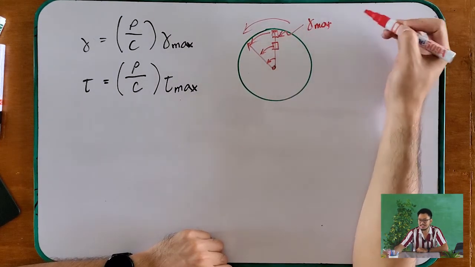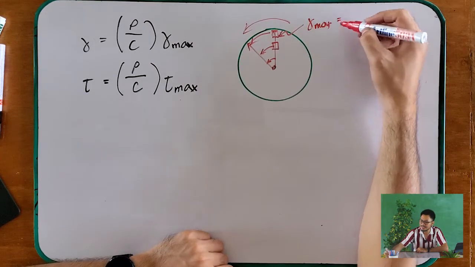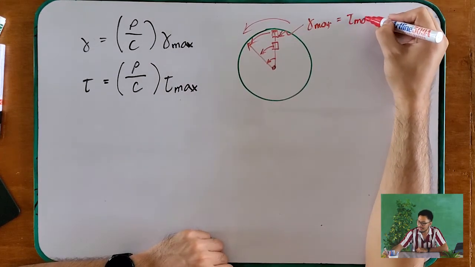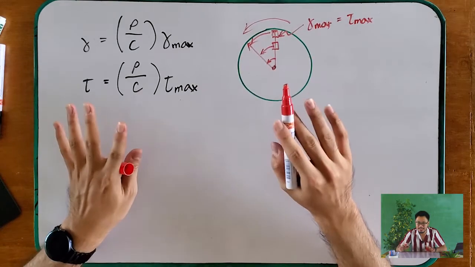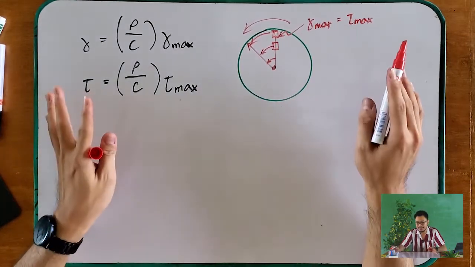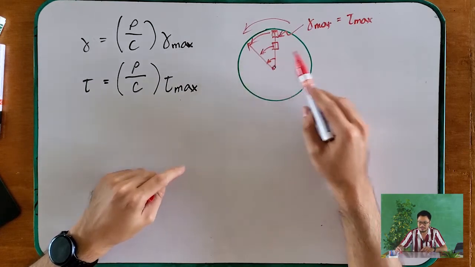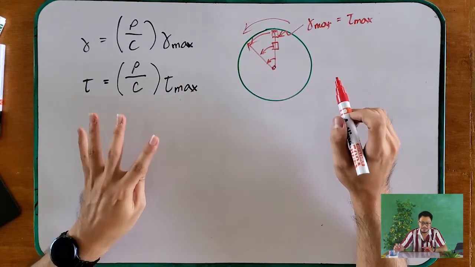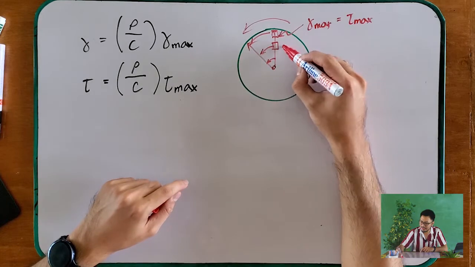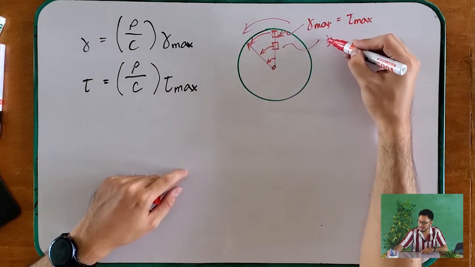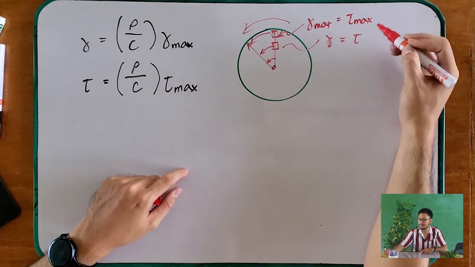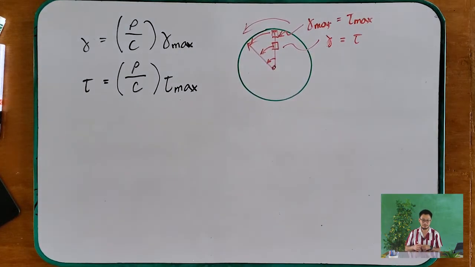And since this one is linearly elastic, then we can say that this is also your tau max. Where the strain is greatest, there the stress is greatest. So where the strain is zero, then of course there is no stress there. Okay? So this location is what we call gamma and then your tau.